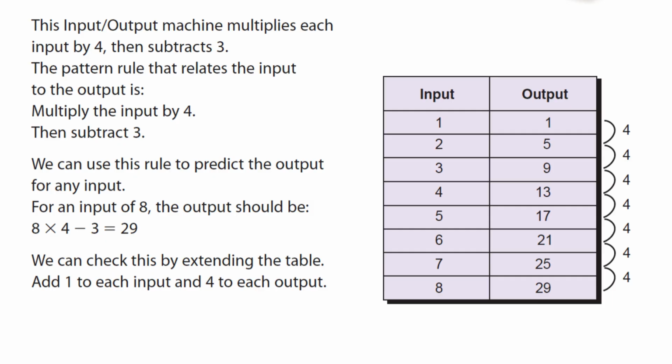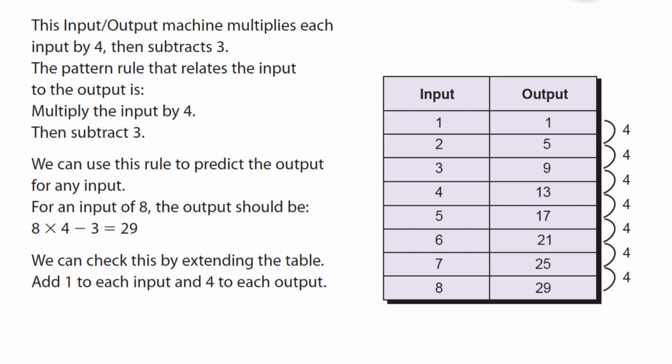In this case, I know that my input pattern rule is to increase by 1 each time. My output pattern rule is to increase by 4 each time. So the next 3 inputs in my chart will be 6, 7, and 8. And my next 3 outputs will be 21, 25, and 29.